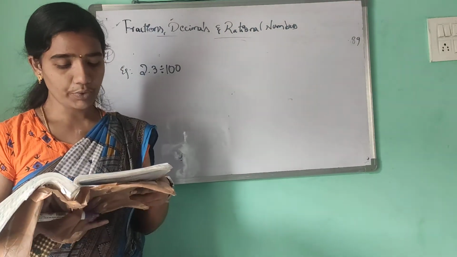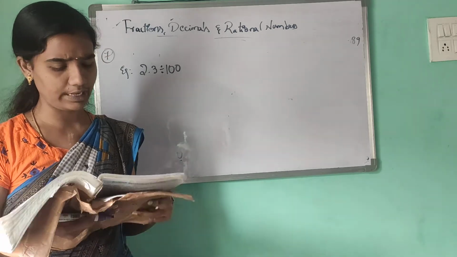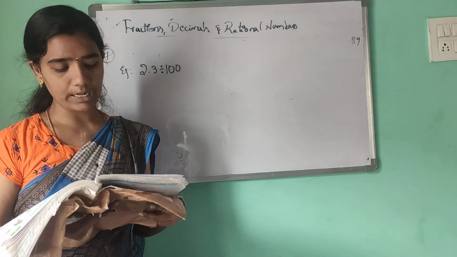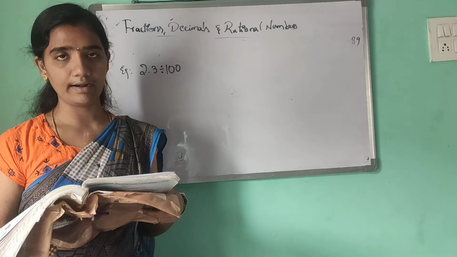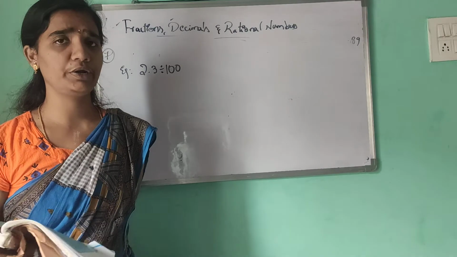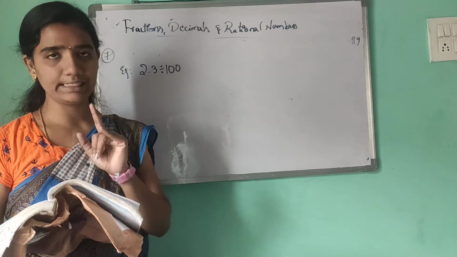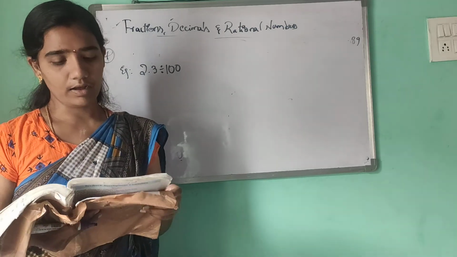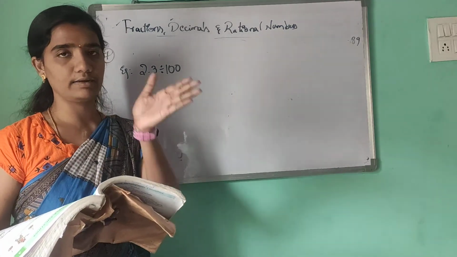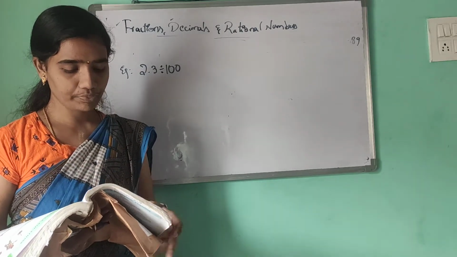Coming to the second one, to divide a decimal number by 10, 100, 1000 or any other multiple of 10, we shift the decimal point to the left by as many places as there are zeros in 10, 100, 1000, etc. Previously, when multiplying decimal numbers by 10, 100, etc., we moved the decimal point to the right by as many places as there are zeros.